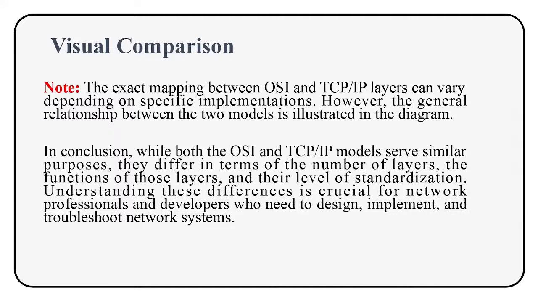However, the general relationship between the two models is illustrated in the diagram, which I have already shown you, and I will show you once again. In conclusion, the OSI and TCP models serve similar and different purposes. Ultimately, these are standardizations, the rules which are used to design, implement, and troubleshoot networks.